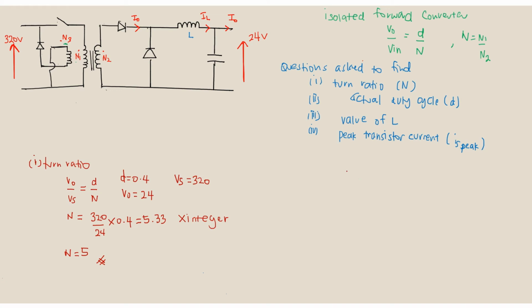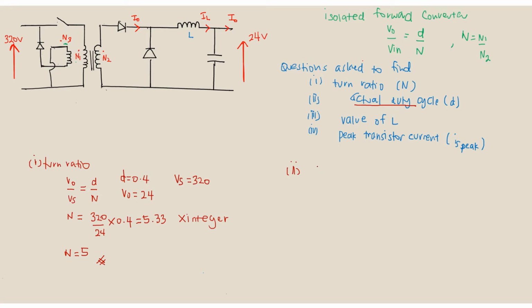Now, because we have reset N as 5, we have to calculate the actual duty cycle. When N is 5, the duty cycle is no longer D equals 0.4. So let's recalculate the actual duty cycle.